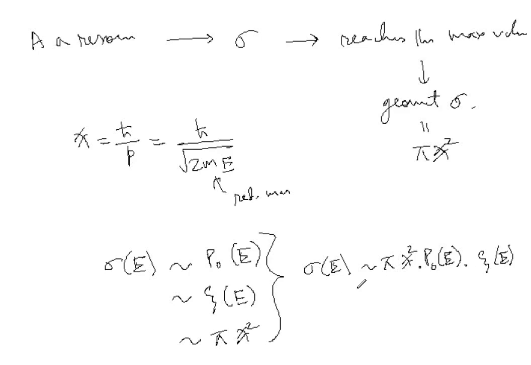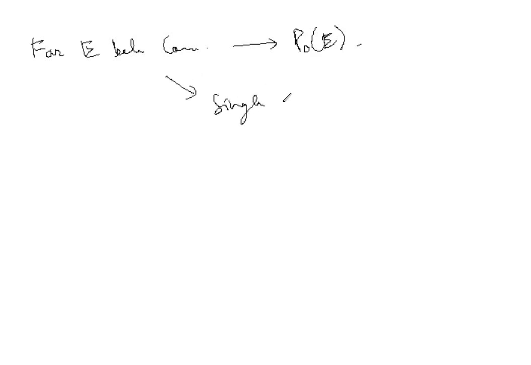Okay, now for energy below Coulomb barrier, we can take P from previous values, right? Now also we can take P0 as we have considered previously. And also, what about the single resonance? For a case of single resonance, we have the chi factor that we also have considered before.